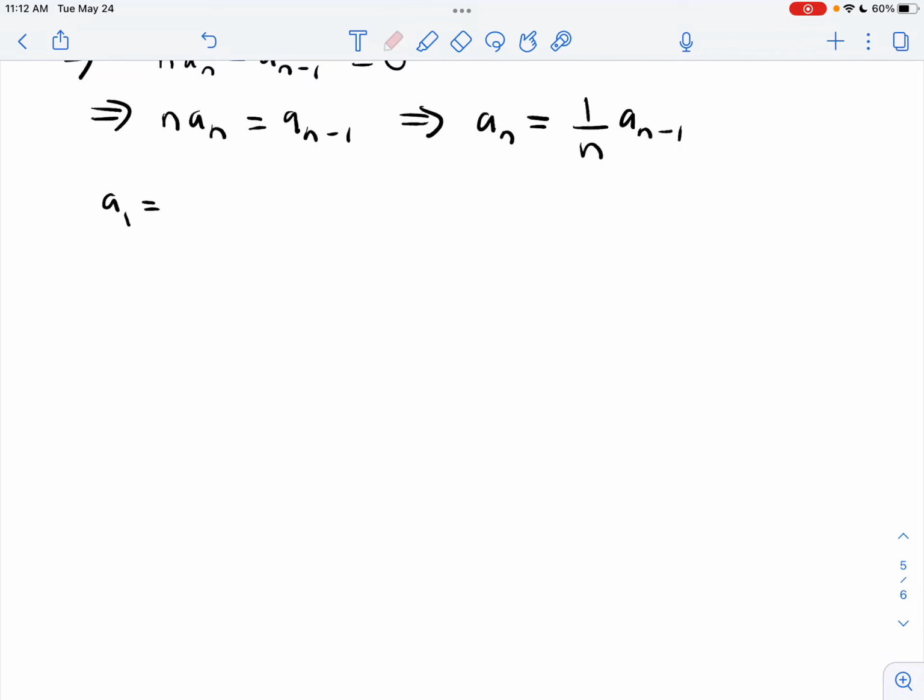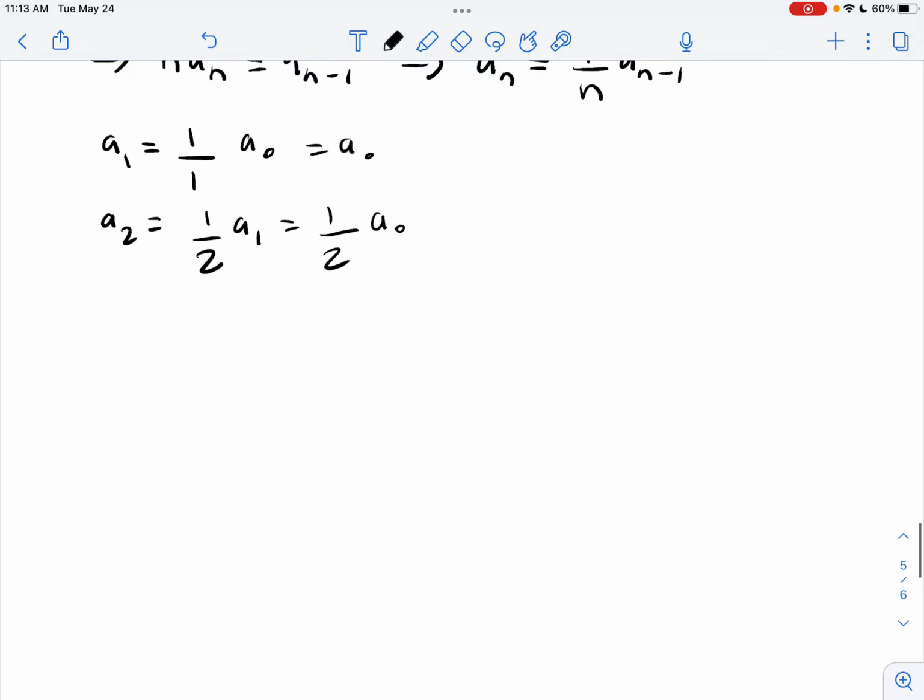Starting with a1, a1 is going to be 1 over 1 times a0, which is just a0. a2 is going to be 1 over 2 a1, which is 1 over 2 a0. So the pattern is a little more complicated. What's a3? a3 is 1 over 3 a2, which is 1 over 3 times 1 over 2 a0.